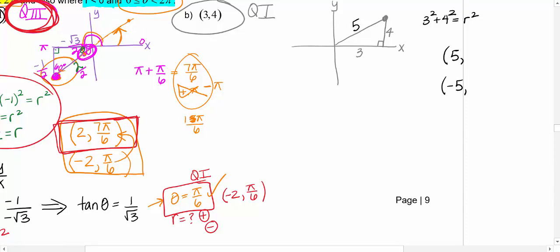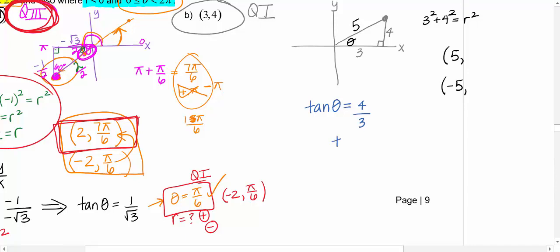So now what? If I'm trying to find theta, that is not a theta that I am familiar with. That is not a 30, 60, 90. That is not a 45, 45, 90, etc. So all this is based off of your tangent of theta equals opposite, which is 4, over adjacent, which is 3.